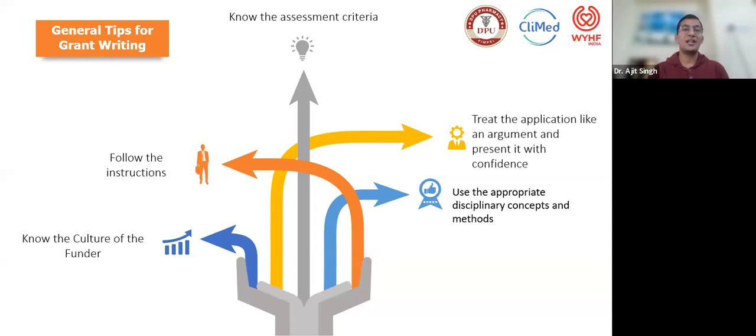It does not mean that you just go and write the entire technology-based grant. You have to keep in mind whatever is their agenda. The technology must be medical related, the technology must be used to improve or enhance the medical science or healthcare system. Understand? So that is about knowing the culture of the funder.